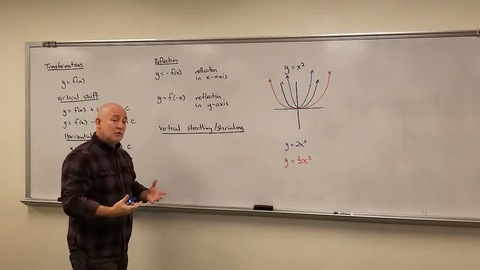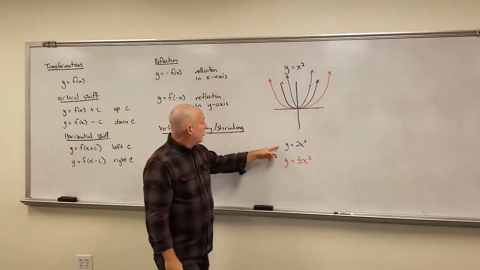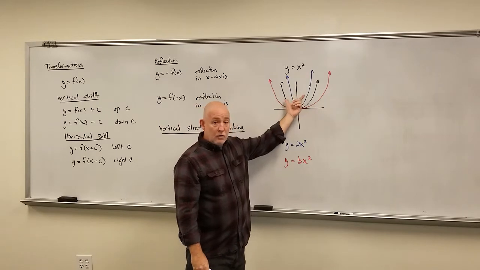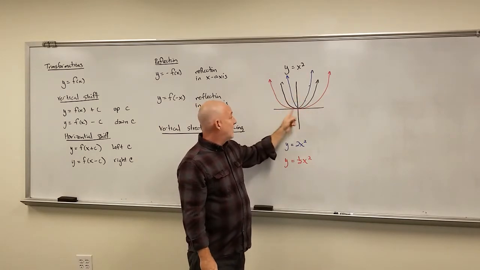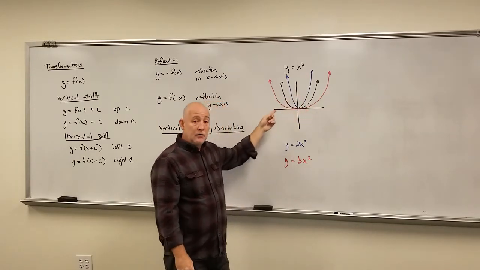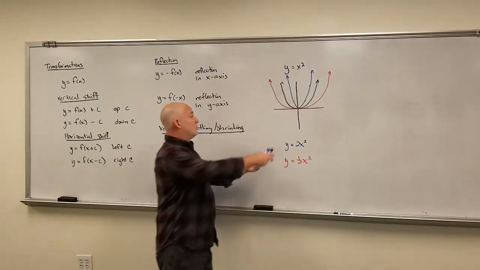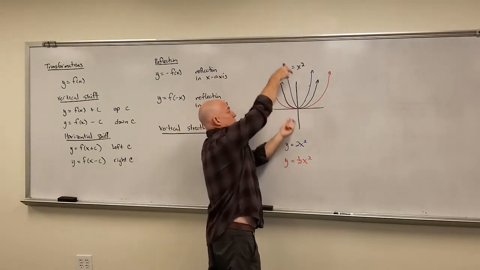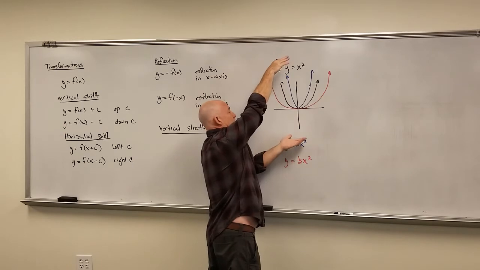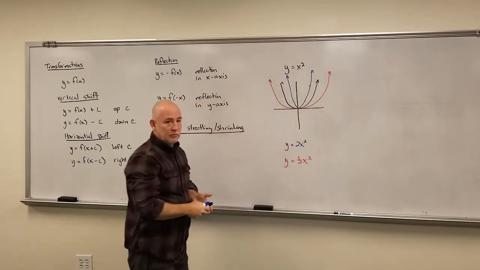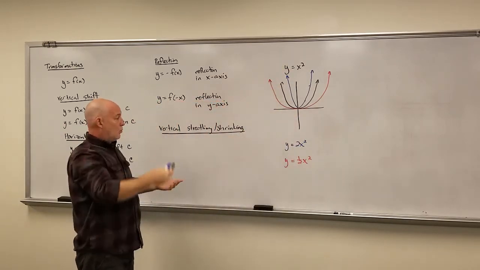Now, the way I generally label these is the blue graph here is more narrow than the original, and the red graph is wider than the original. However, the blue one was stretched vertically, and the red one was shrunk vertically. But I'm going to call it narrow and wider.